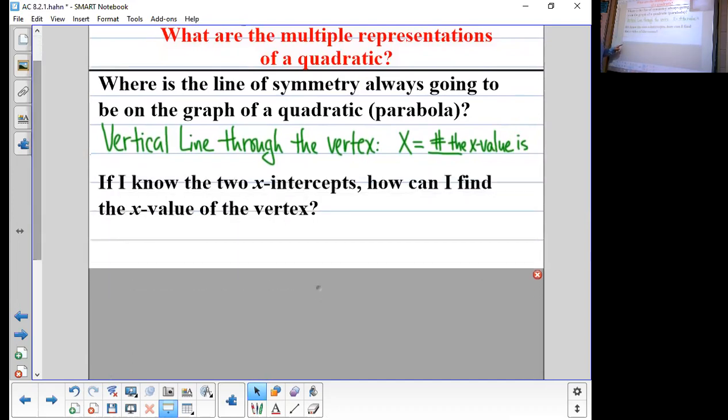Okay, here's your next question. If I know the two x-intercepts, how can I find the x value of the vertex? What do you guys think? Where does the vertex always land? In the middle.